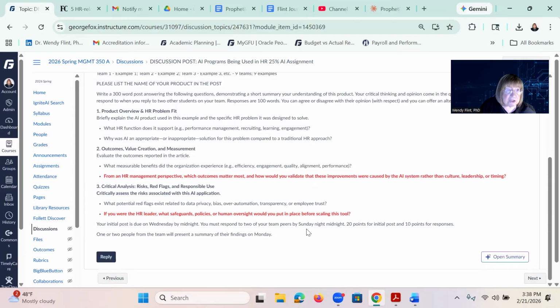when they came and presented out in the classroom, each team selected 1 or 2 people after they had a discussion around the tool. They presented out some additional answers to questions about the tool and told the rest of the class what the tool was. The question was at the end, once you've used this tool or the company used this tool, should they go back to the original way of doing it?